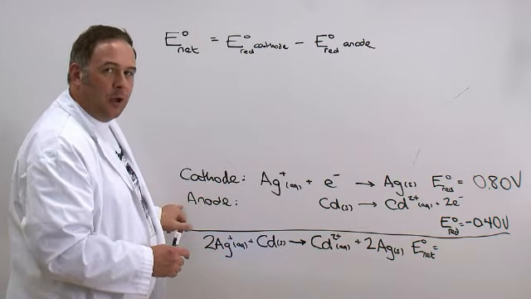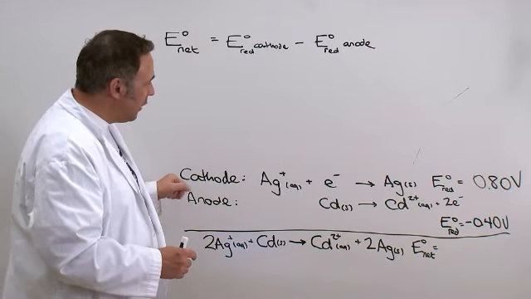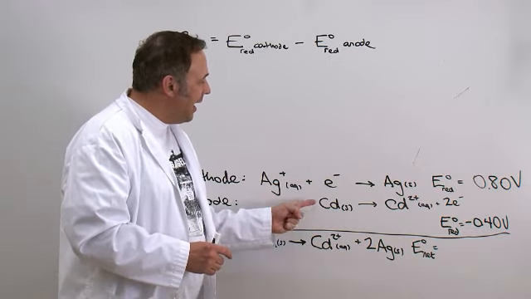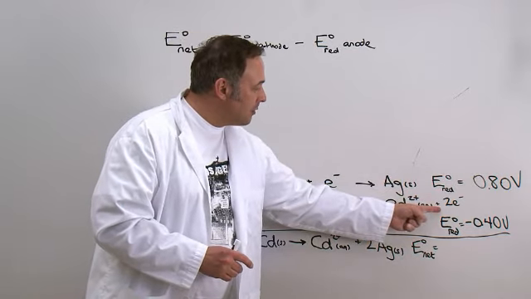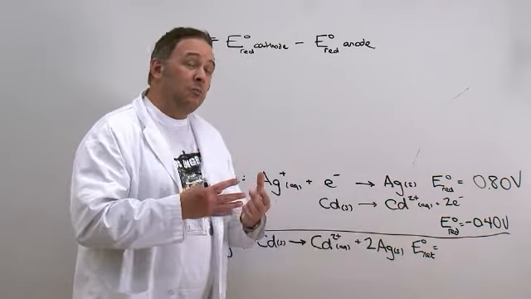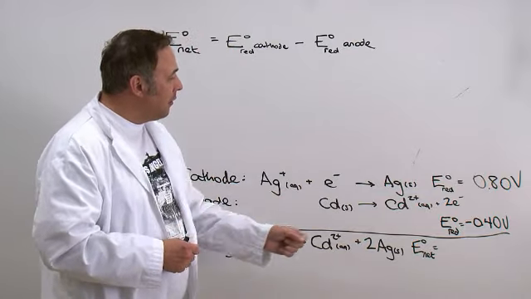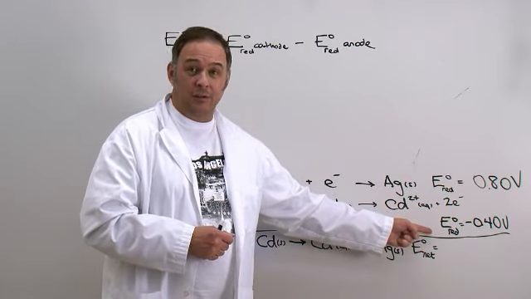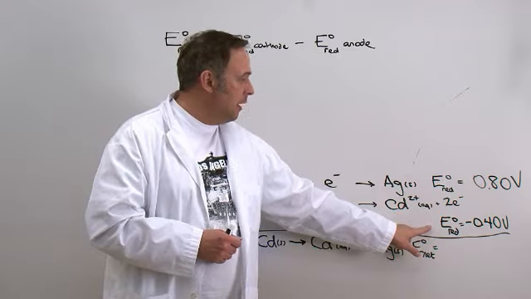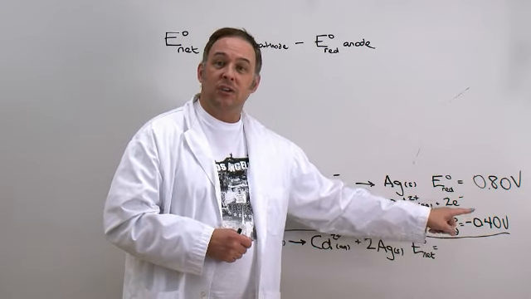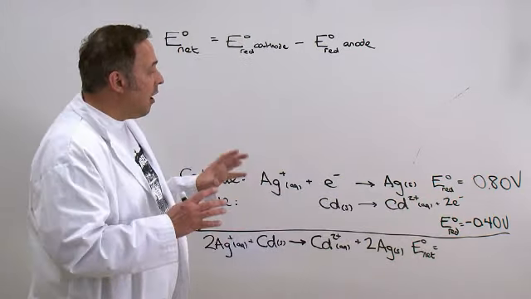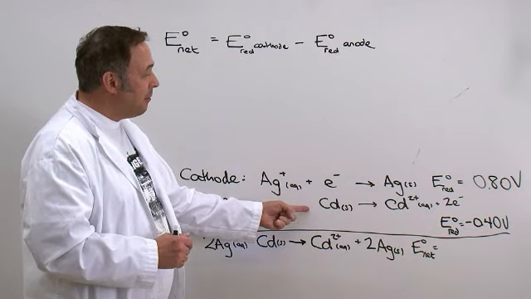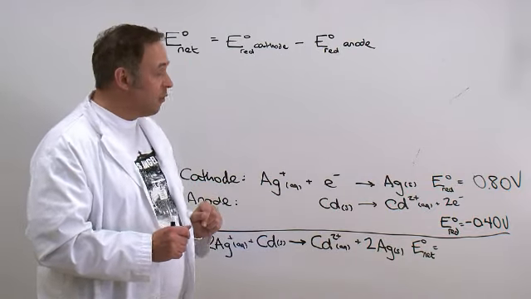But at the anode, oxidation is occurring. And so the half reaction that you put down is the oxidation half reaction. I would prefer to put down the oxidation potential, which is the same numeric value, just a different sign. So the oxidation potential for cadmium would be positive 0.40.